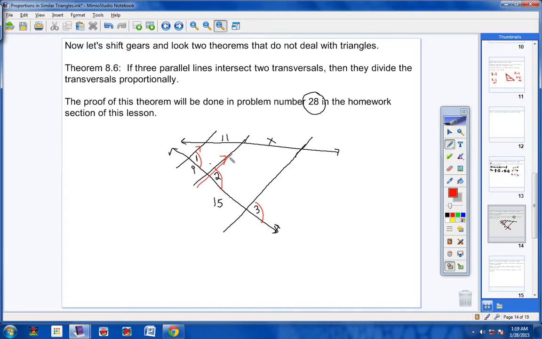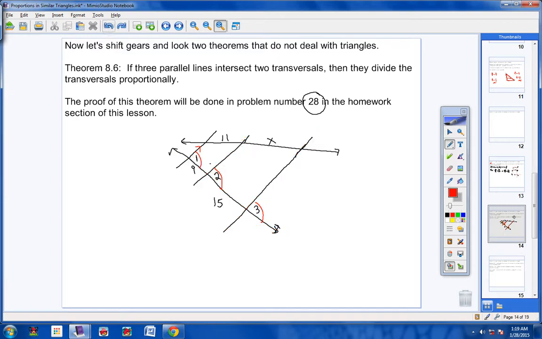Then let's look at it like this. Here's two lines cut by a transversal in such a way that their corresponding angles are congruent. Well, anytime two lines are cut by a transversal in such a way that their corresponding angles are congruent, those two lines are parallel. So this line here is parallel to this line here.